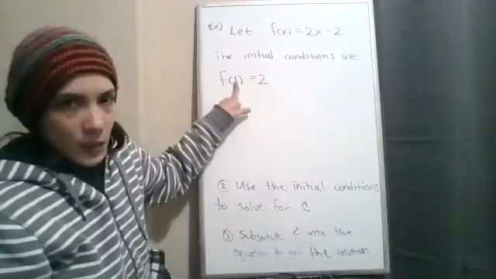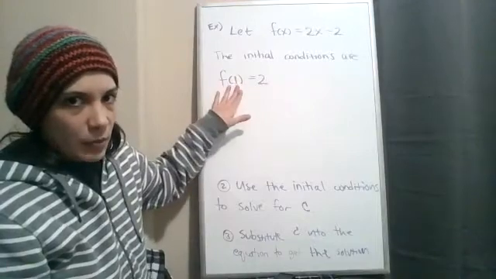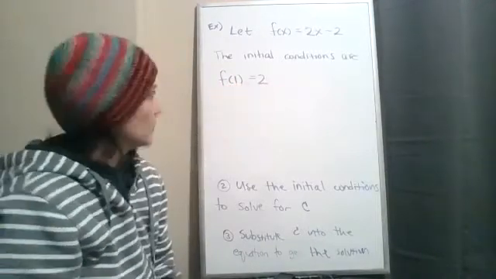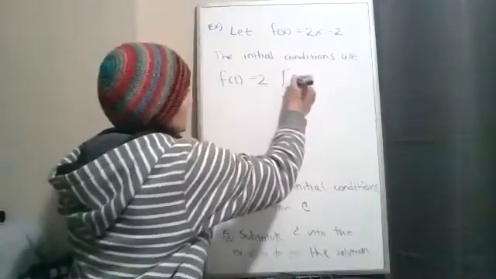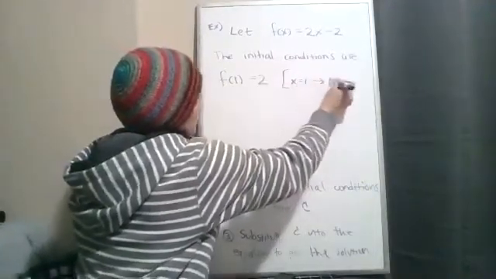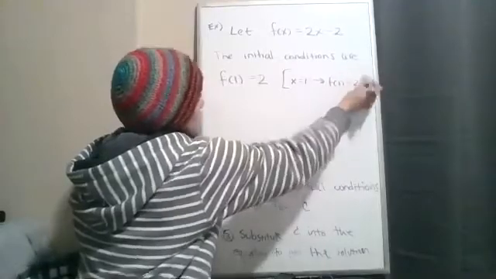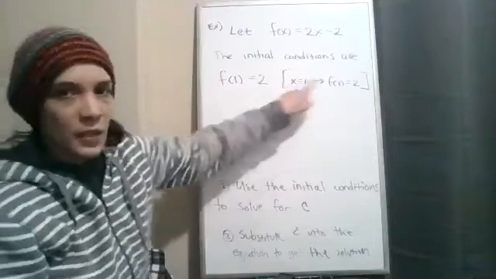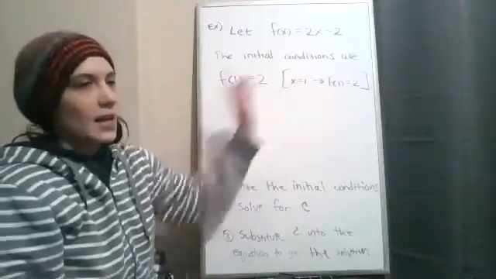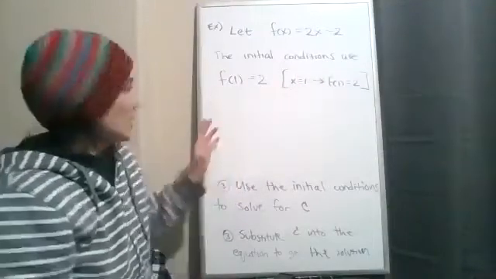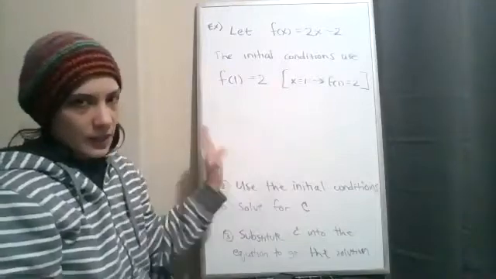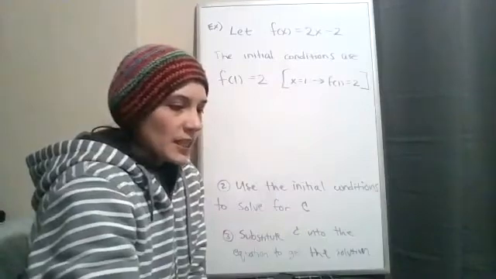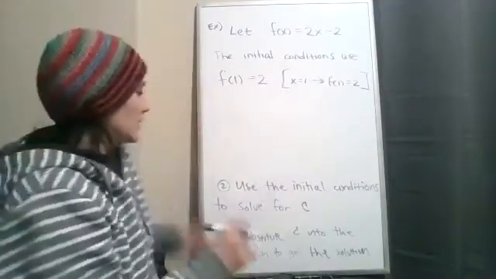So at x equals 1, you have an output f of 1 equal to 2. Okay, so you know what x is, you know what f of x is, and we integrate. I guess we want to ask the question and then go through the steps. Find the particular solution that satisfies the DE.